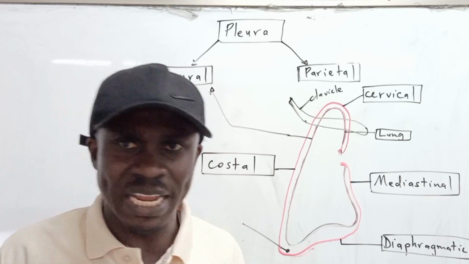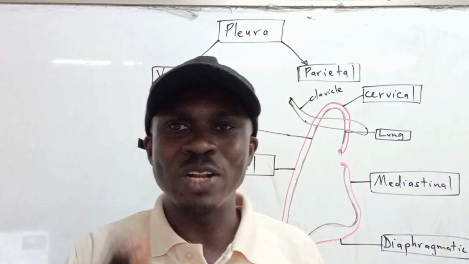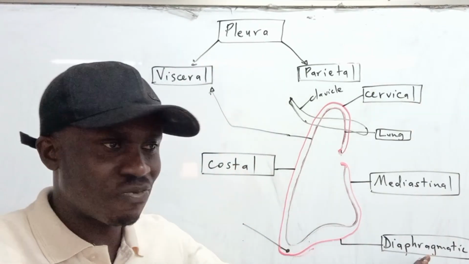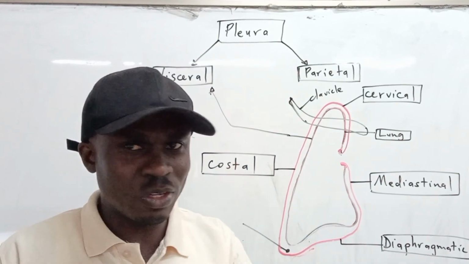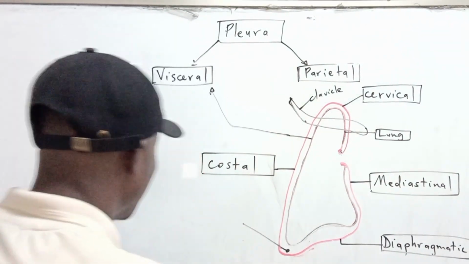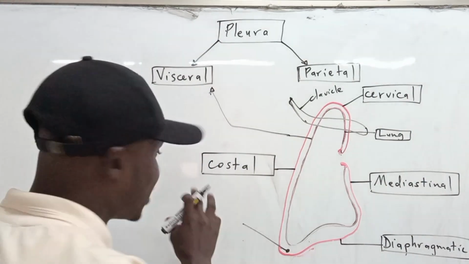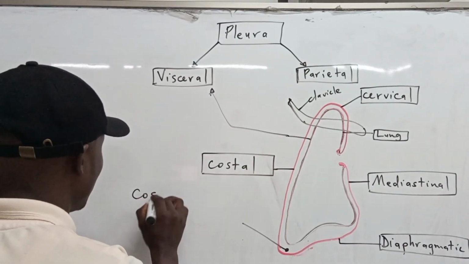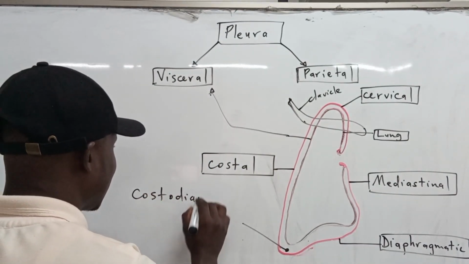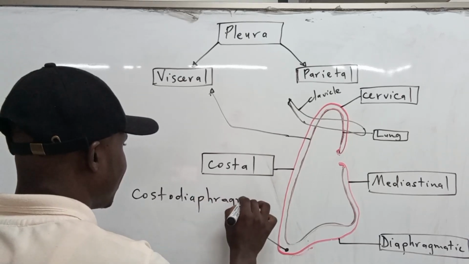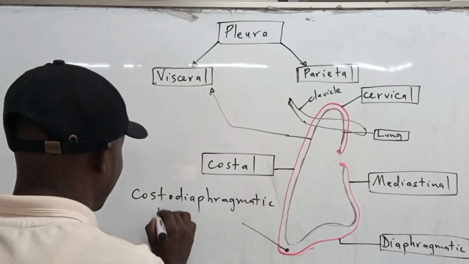So what do you think will be the name? We will call it costal diaphragmatic recess. So the nomenclature is so simple that we can understand these things. So that is why this region over here, we call it costal diaphragmatic recess.